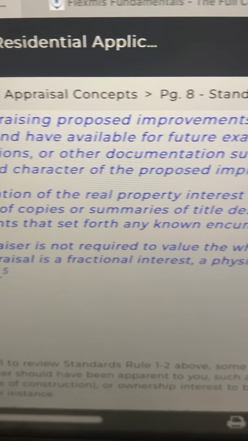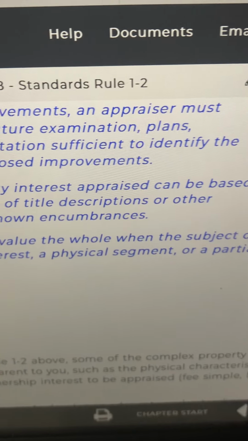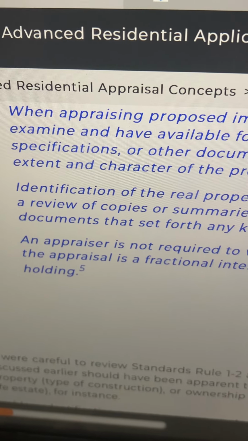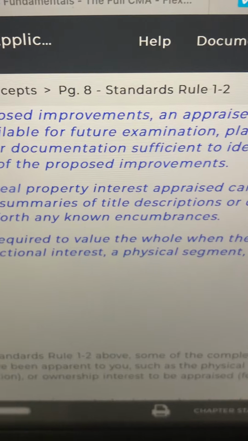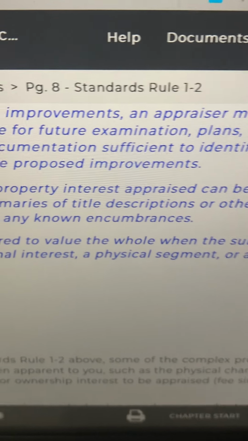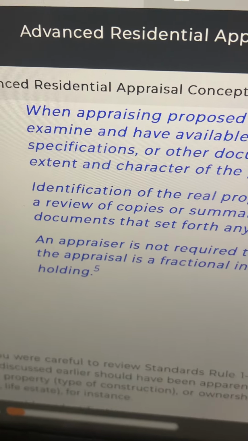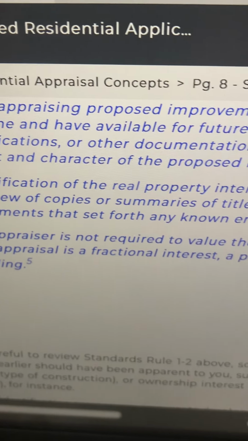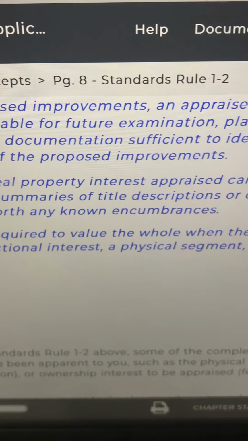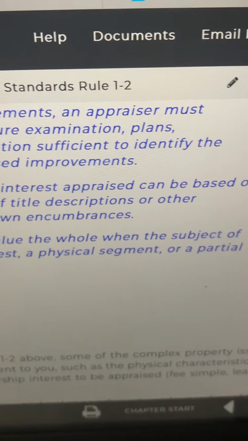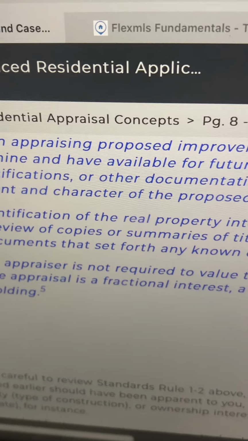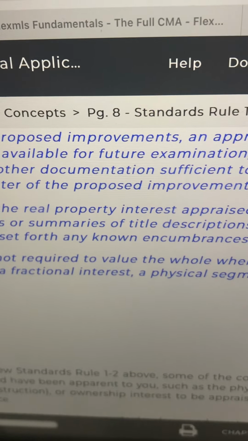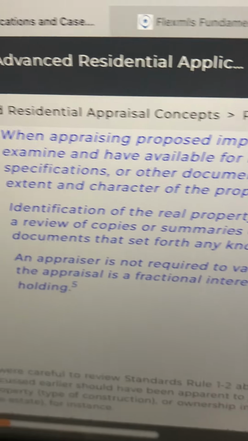When appraising proposed improvements, an appraiser must examine and have available for future examination plans, specifications, or other documentation sufficient to identify the extent and character of the proposed improvements.